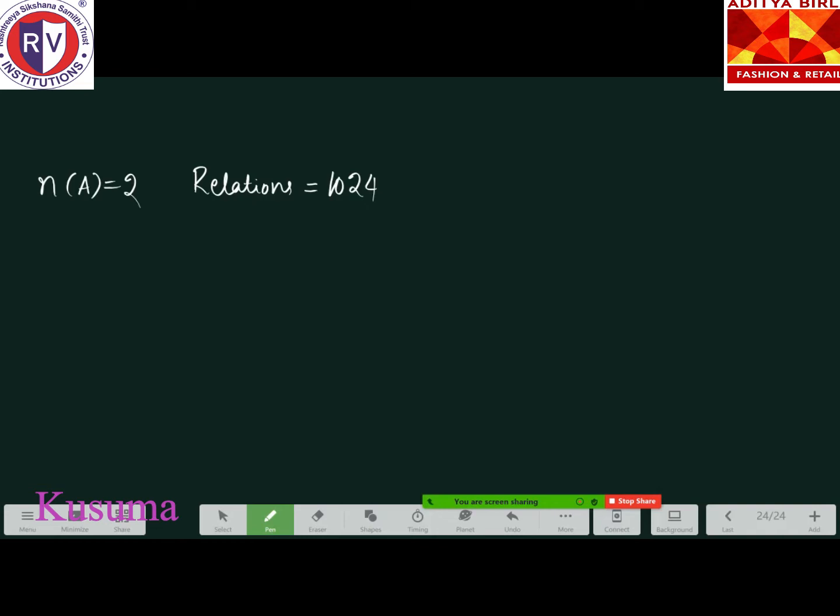The relations defined from set A to B is 1024. Then we have to find n of B, that is, the number of elements in the set B. The options given are: A is 20, option B is 10, option C is 5, and option D is 512.